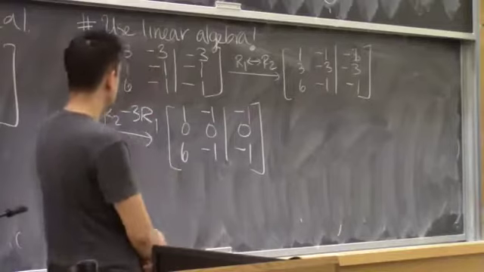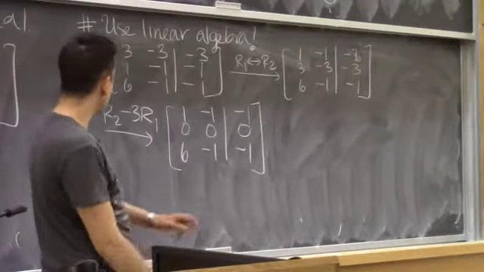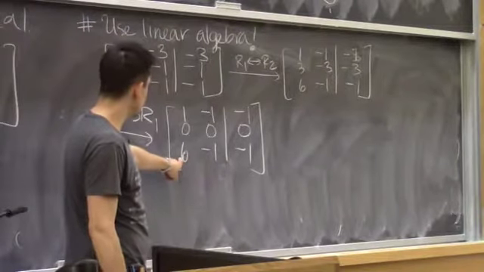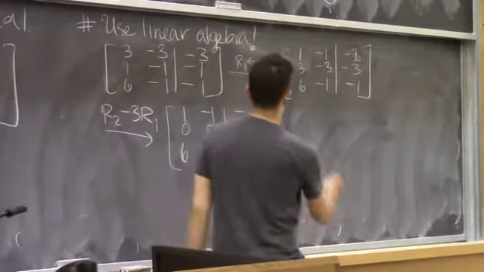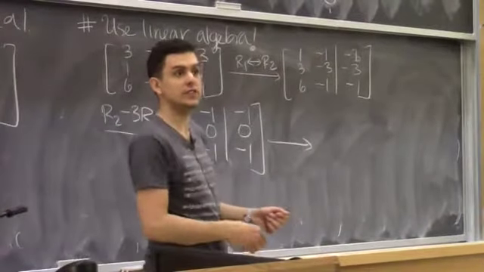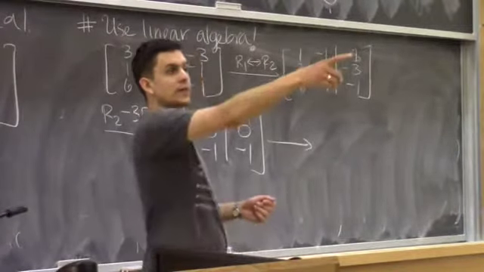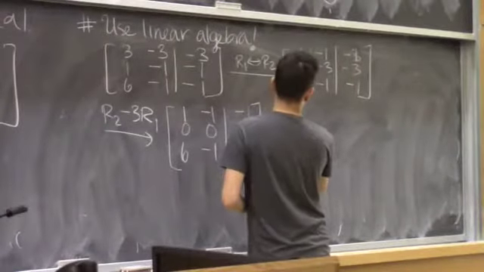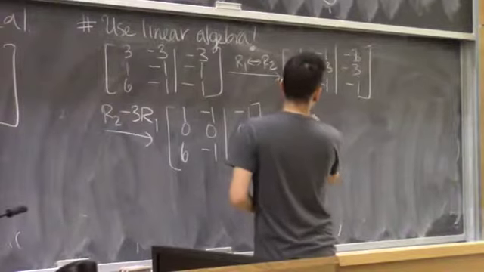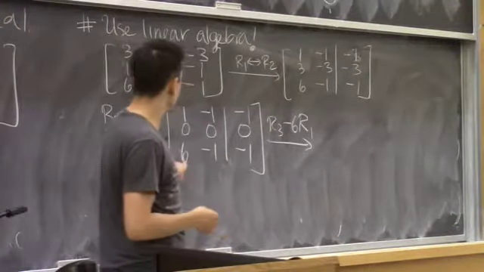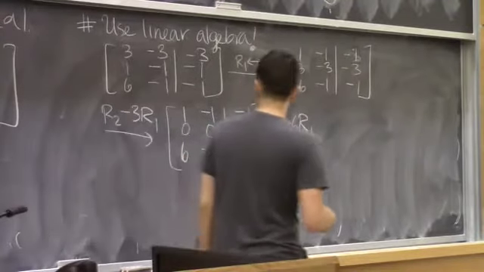Now I want to get rid of this 6 here. So what should I write for my row operation to get rid of the 6? Row 3 minus 6 row 1? Sweet. Yeah, good. So there's my row operation that will get rid of this.